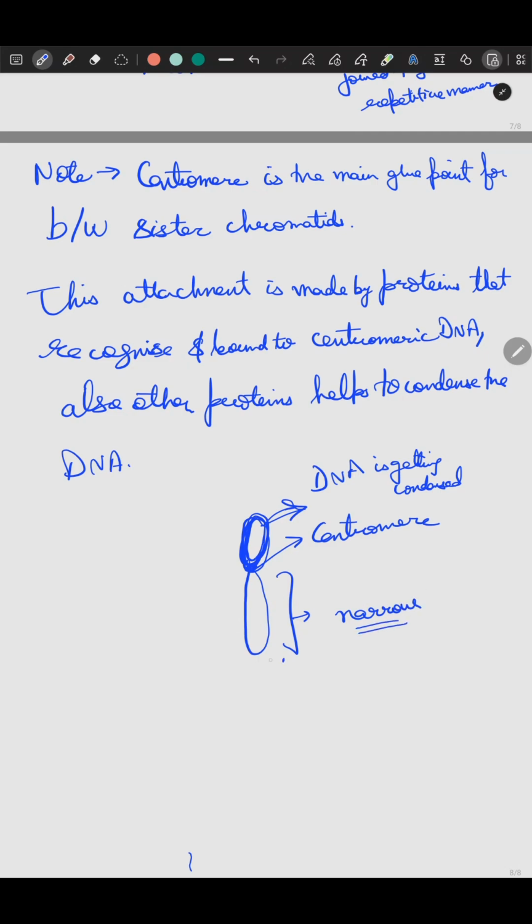This part we call a chromosome arm. In this chromosome, this arm and this arm, we can separately call them arms of the chromatid.